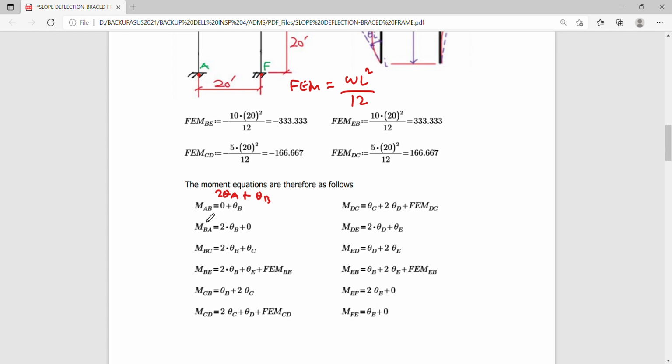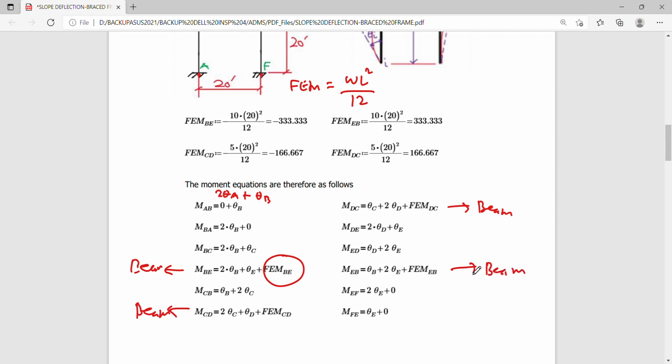So this is the near end, this is the far end. So this is a 2 theta A theta B, this is a 2 theta B theta A, but these are zeros. This is a 2 theta B theta C, this is a 2 theta B theta E. Okay, but this time since this is a beam, we have to add the FEM for all the beams. And as you can see, all those which have considerations of fixed end moment are all beam members.